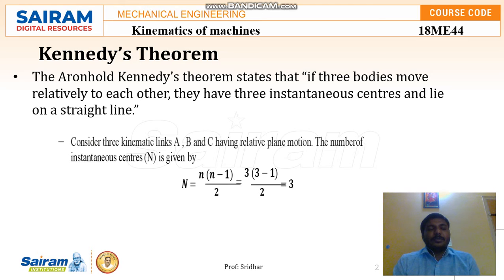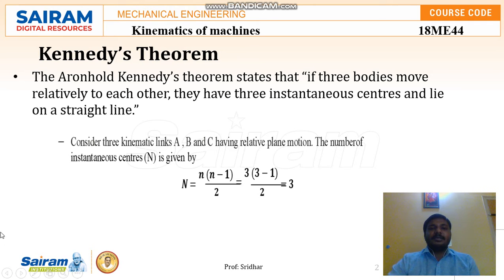The Arnold Kennedy theorem states that if three bodies move relative to each other, they have three instantaneous centers and these lie on a straight line.